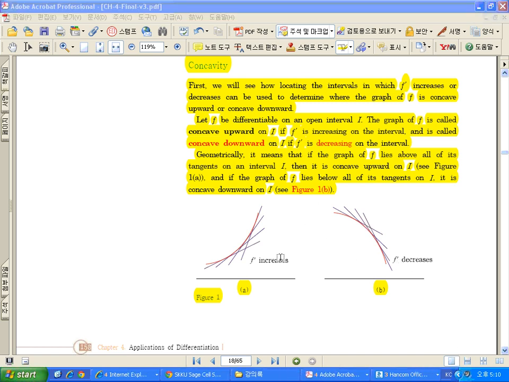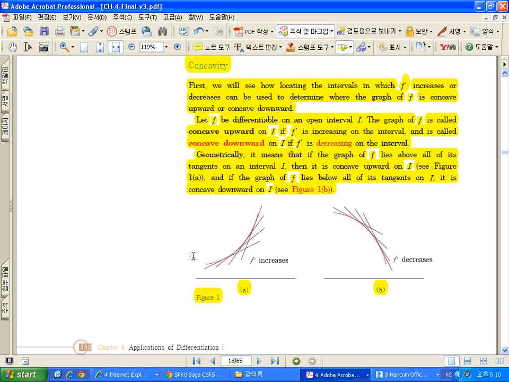Here this figure says if f prime is increasing like this, it's getting steeper, then we have concave downward like this, concave downward.